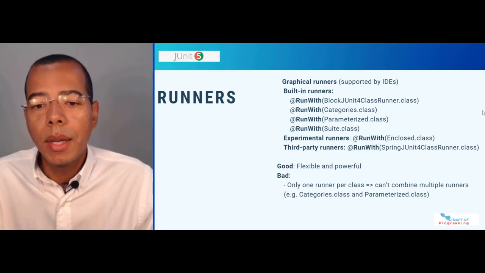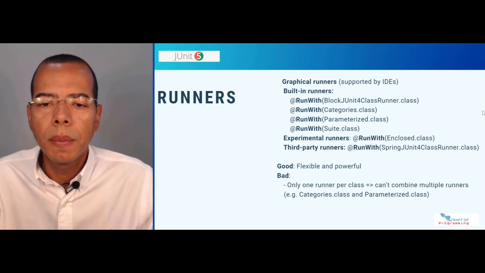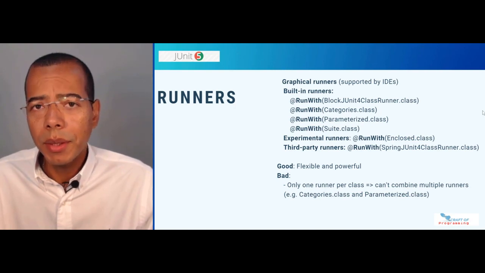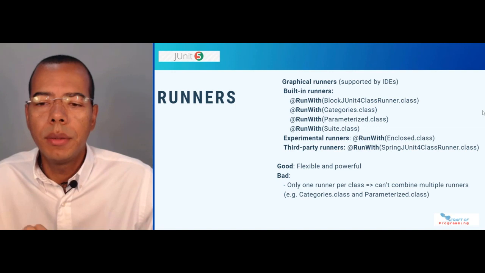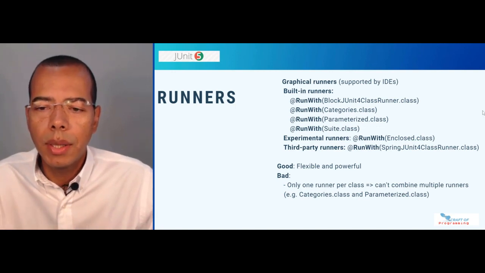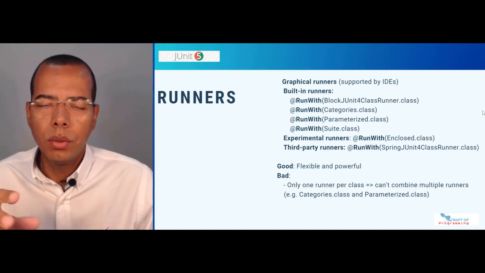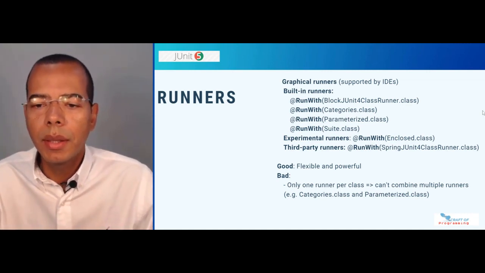Then there was this other way that you could use, the RunWith tag. The RunWith tag basically was a way for you to use either a built-in runner or a custom runner. So we had the default runner, which is the BlockJUnit4ClassRunner. We had categories, which was a way to categorize tests, and you could include and exclude tests like that.